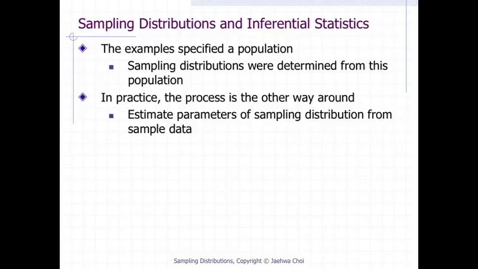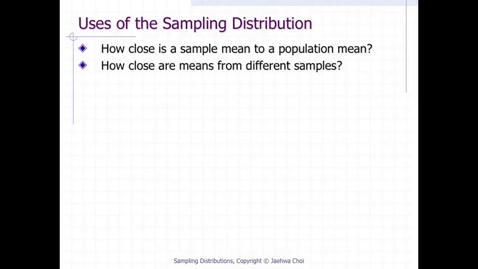This knowledge can be very useful. For example, knowing the degree to which sample means differ from each other and from the population mean gives you a sense of how close your particular sample mean is likely to be to the population mean. Fortunately, this information is directly available from the sampling distribution.